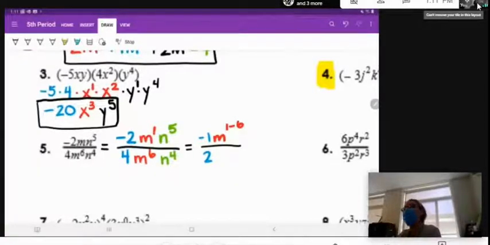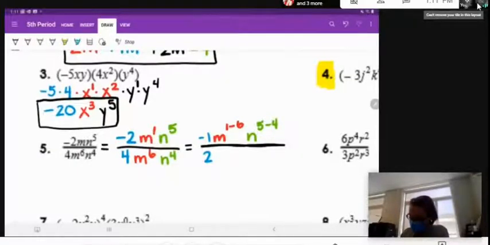So you'll put your m to the 1 minus 6 up in the top of the fraction. The same with your n. Your n to the 5 minus 4 also goes in the top of the fraction. Pretty much the only thing left down there at the bottom right now is that 2.